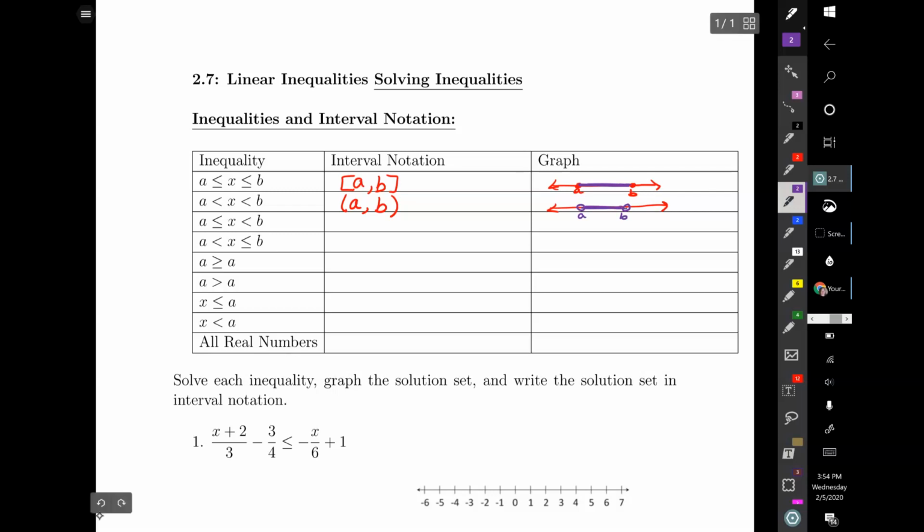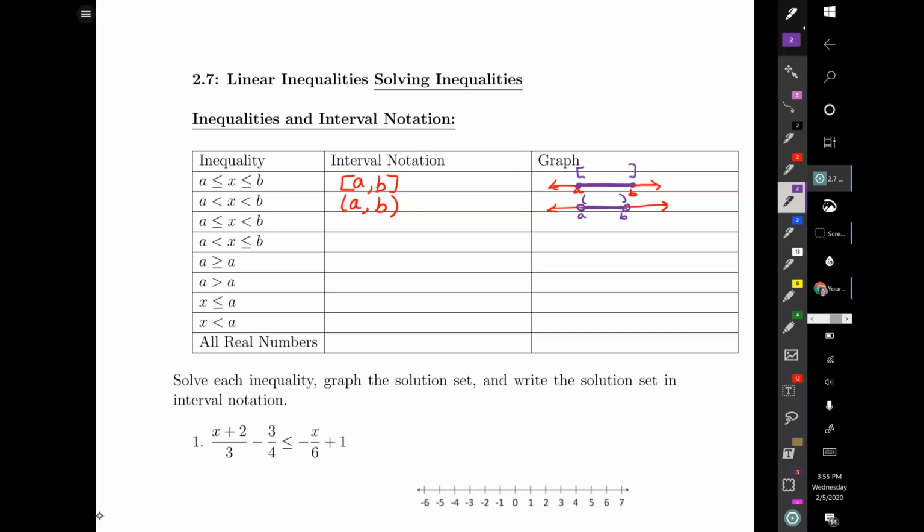Instead of the circle, if it's included, you could put brackets. If it's not included and you have open circles, you would have parentheses. So those mean the same thing. Sometimes you have one or the other included.